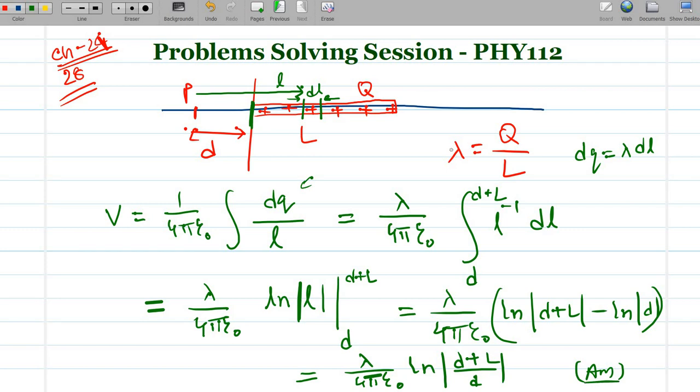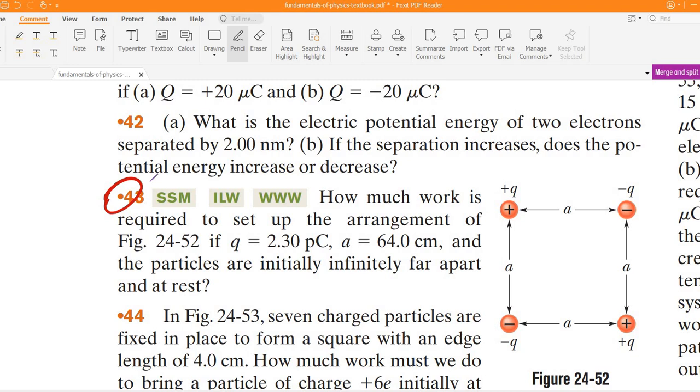Plug in the values, see what number the calculator spits out, and this is going to be the answer. So easy, right? Well, let's move on to number 43, because that's in our suggestion. So that's 43. What do we have here?